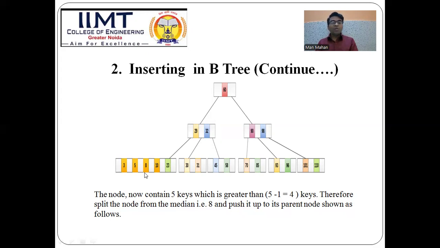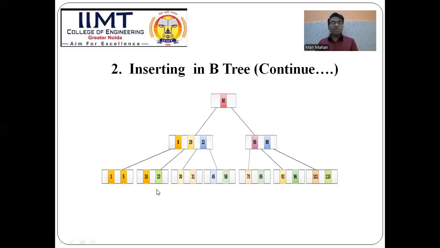So we split the node. Where? At the median value. The median value is 8. So we move the 8 upward. Now you can see in this example, 8 is moved to the parent node.